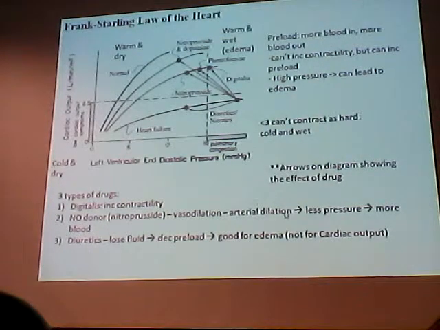If the arteries dilate, more blood can get out, and they're starting to release pressure because it's not as confined to a small area. And then next you have a diuretic. A diuretic would cause this cold and wet to go cold and dry. And so you're losing fluid, and if you lose fluid, you lose preload, so it's less pressure. It's not exactly helping your cardiac output, but it's just less pressure. Okay?